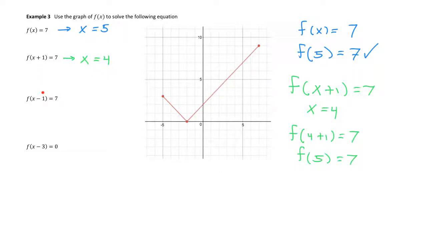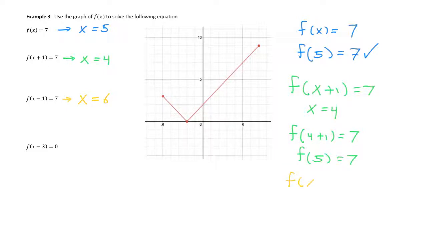So let's now check out this next one down here where f of x minus 1 is equal to 7. But the same idea holds. My goal is to figure out what do I put in place of this x so I make the thing inside the parentheses equal 5. Well, if there was a plus 1 and 4 added us back up to 5, the answer here would have to be 6. Let's see why.